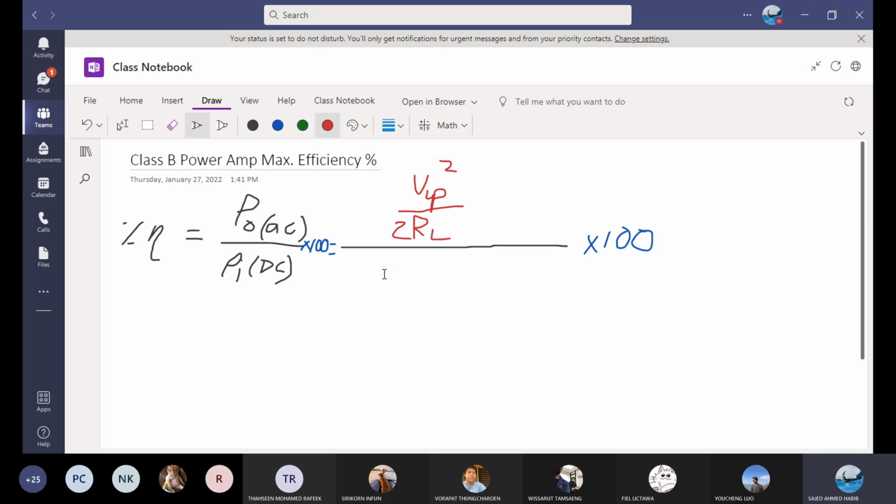And input DC power, we said it is VCC times IDC, right? And IDC is, what was IDC? 2 over pi times I peak, and I peak equals VL peak divided by RL.